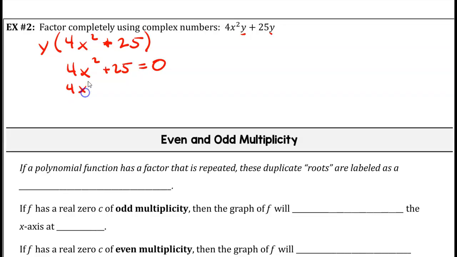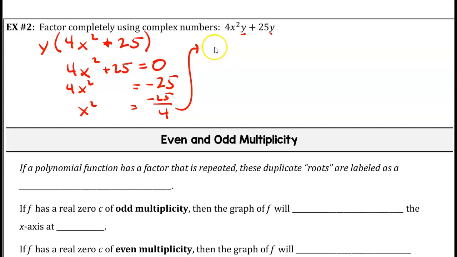So we have 4x squared. I'm going to subtract 25 on both sides, so minus 25. I'm going to divide both sides by 4. So I'll have x squared equals negative 25 over 4. And lastly, let me take the square root.